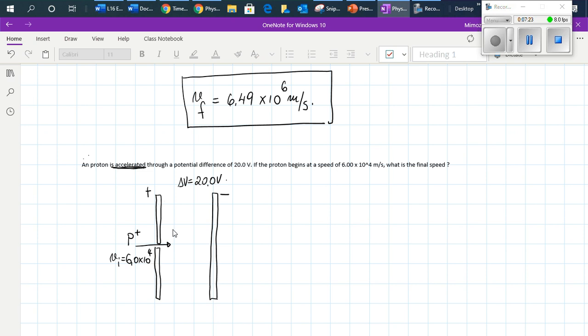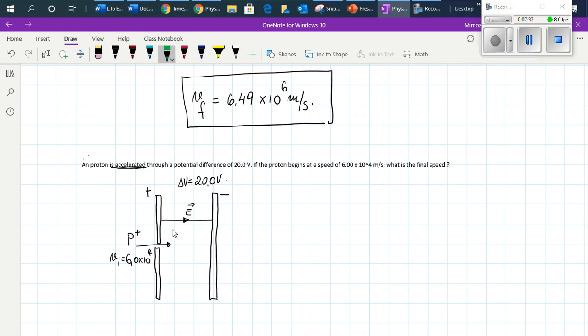Again, the electric field strength between the plates is leaving the negative and going toward the positive, and the direction of the motion of the proton is in the same line, in the same way. So those two are parallel to each other, which means that those are collinear.